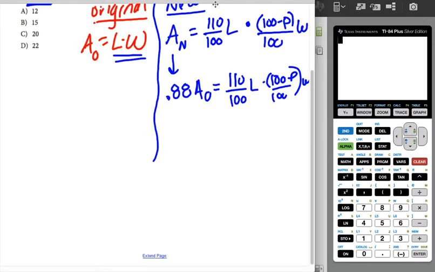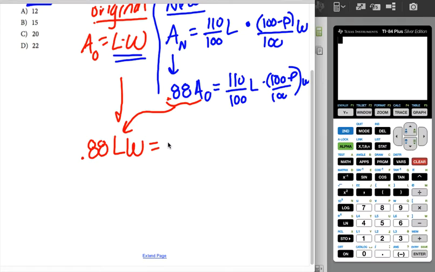So if we put this together, and again, this is a pretty difficult setup, I know that, sorry, that was a 0.88, it got erased. 0.88 times the length times the width, because that's the 0.88 of this, is equal to, and I could do it as 1.1 L if I want, and then unfortunately there's no way to clean up right now this 100 minus p over 100.